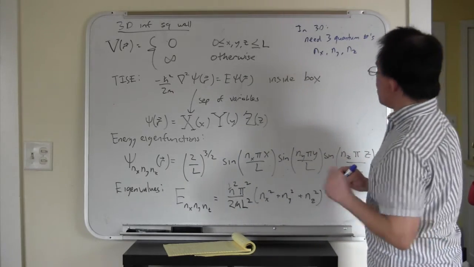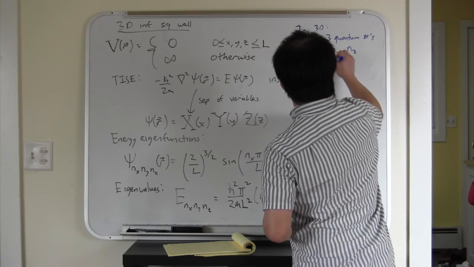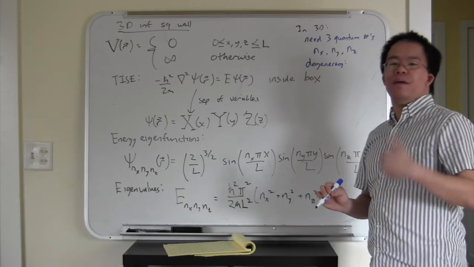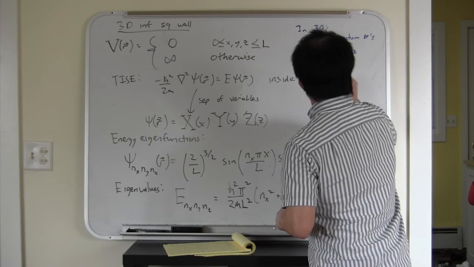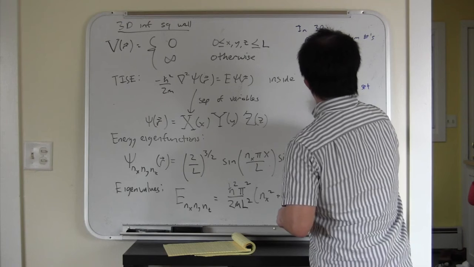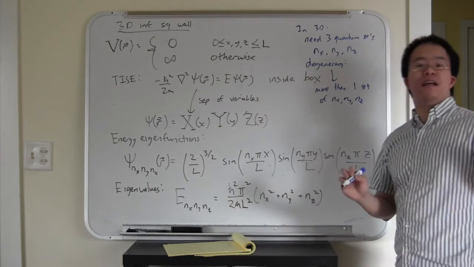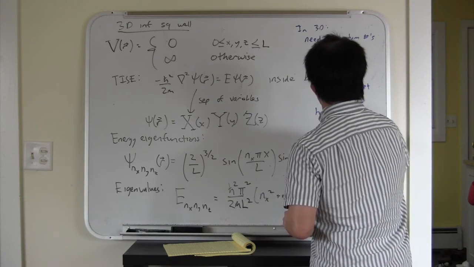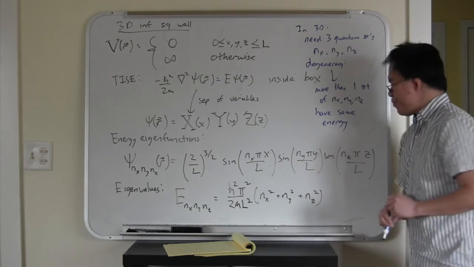The other thing that I want to point out is degeneracy. What this means is that more than one set of nx, ny, and nz have the same energy eigenvalue.